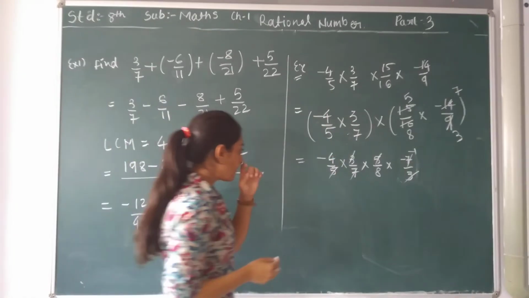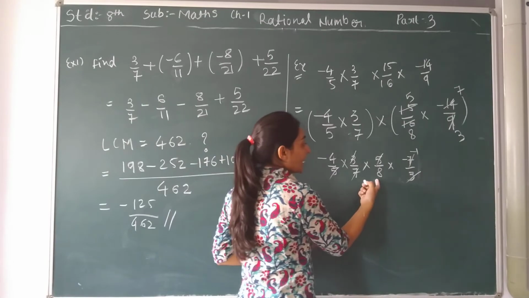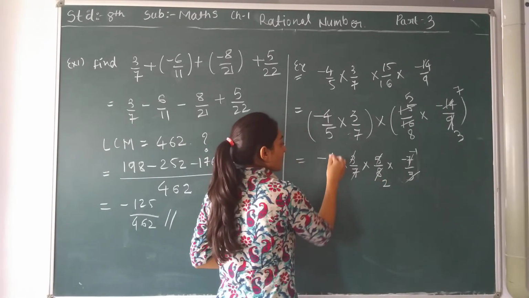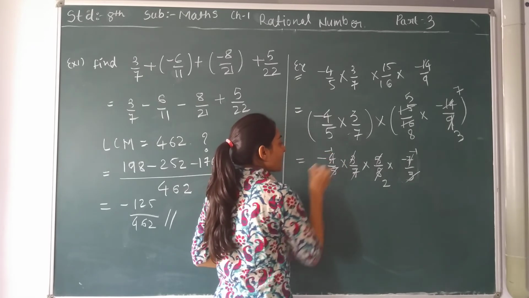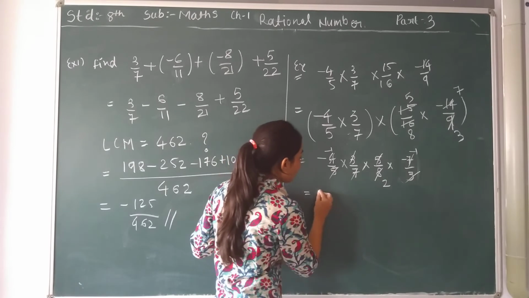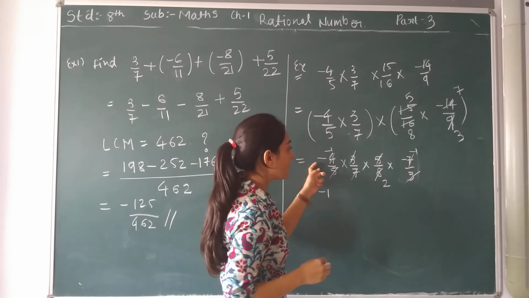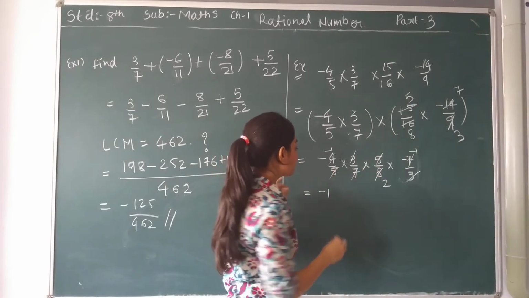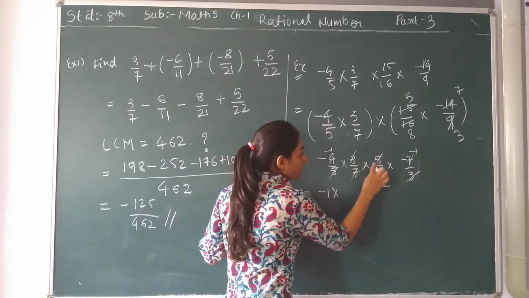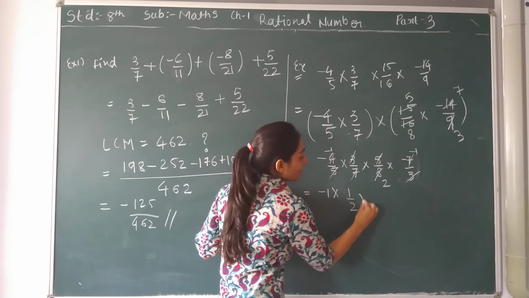Okay, now look at over here. Minus 4 and 8. So 4 twos are 8, so 2 and 4 gets cancelled, minus 1 left over here. Okay, now write the portion what we have left. Minus 1 left over here. Okay, and we have nothing left over here. Here we left 1 upon 2 left over here.